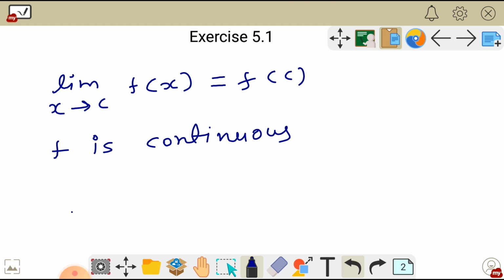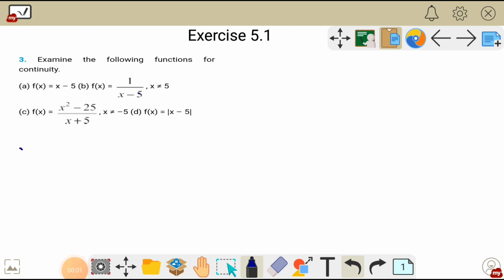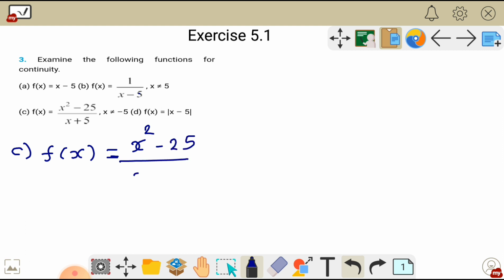Right? Now let us move to the next one, C. Here C is the function, it is not C like before, it is option C. It is the function x square minus 25 upon x plus 5.